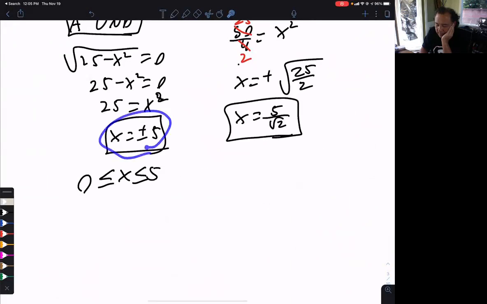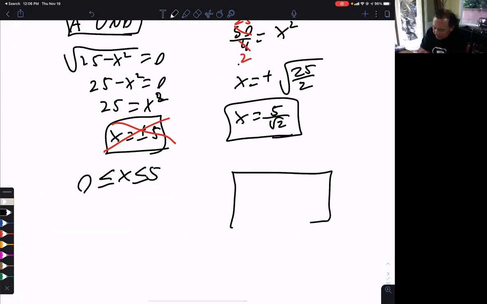So these are endpoints. It actually could be to negative 5 too, I'm sorry. So we ignore the endpoint. These are not critical points, those are endpoints. Endpoints cannot be critical points. So here's the good news, we only have 1 critical point. And we learned if that critical point's a relative max or min, then it's an absolute max or min.